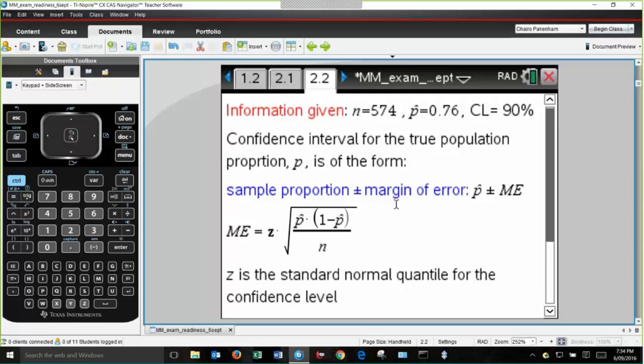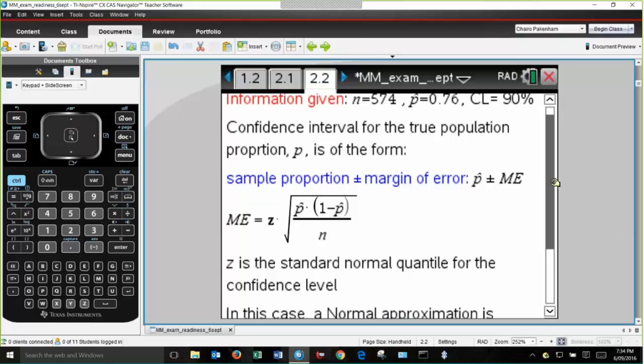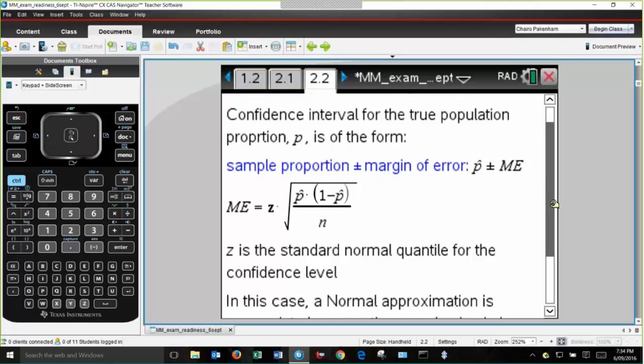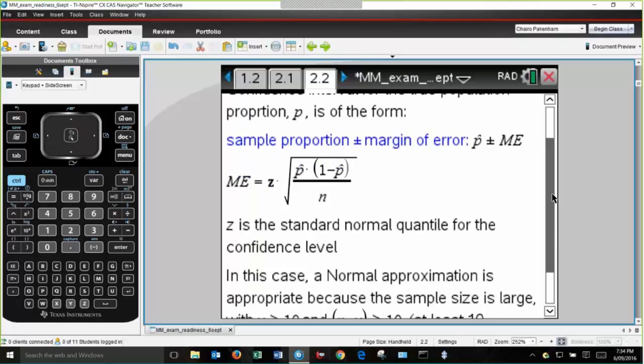The margin of error is Z times an estimate of the standard deviation of p hat, which we call the standard error. Once again, the standard error isn't required for exam purposes, but the concept is. And Z is the standard normal quantile for the particular confidence level.